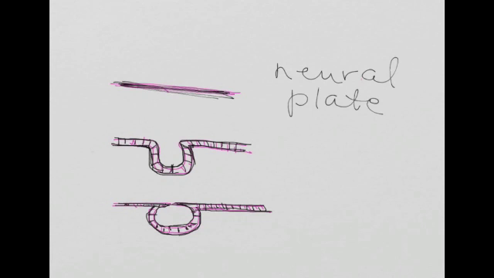This plate starts to fold, like in the second picture, and then, closing together, it forms the neural tube. And this is basically the start of the spinal cord.